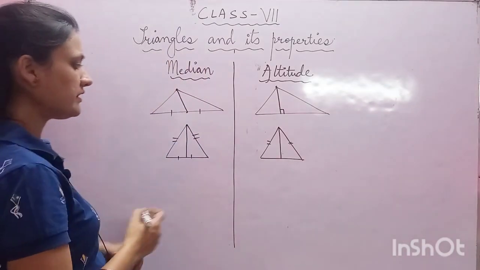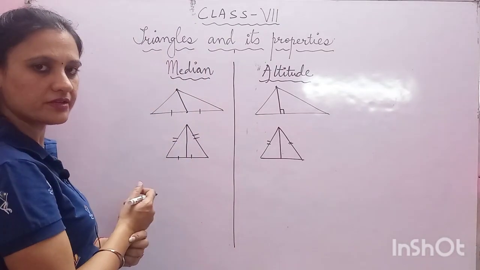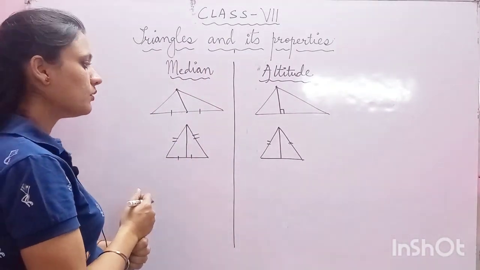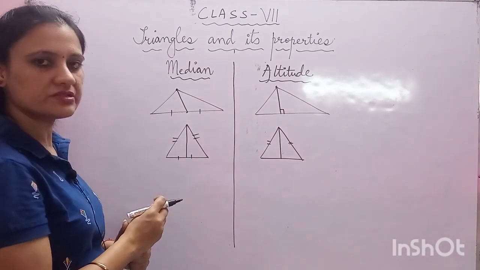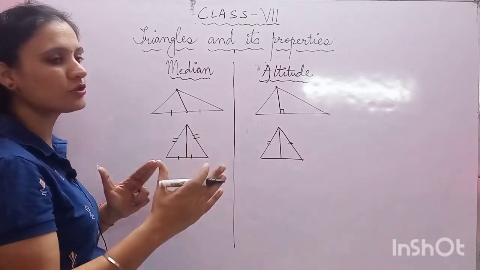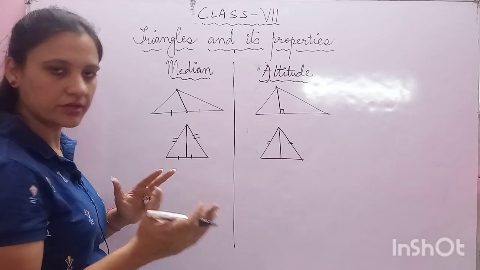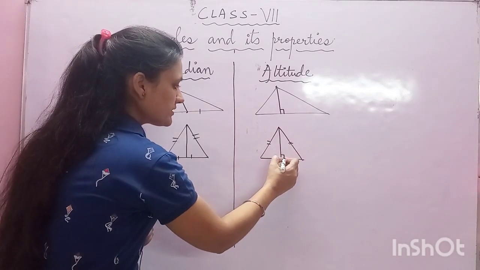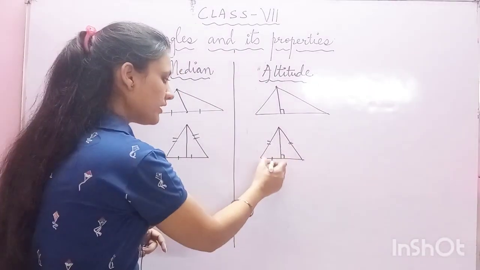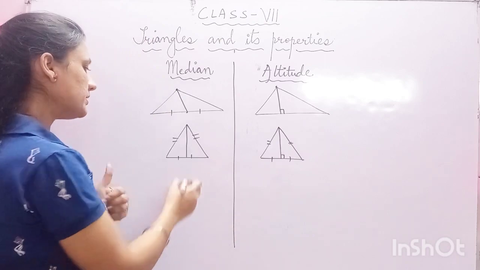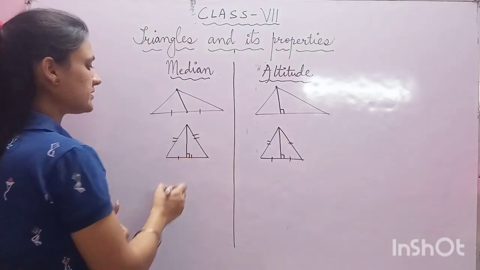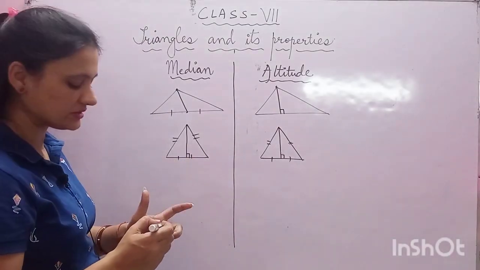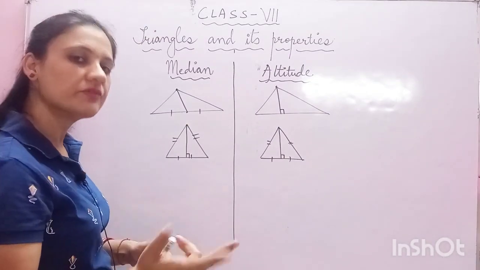You can see the difference, right? Is there any difference? No. Why? Because in an isosceles triangle the median and the altitude play the same role, right? It is also making 90 degree angle and it is going to divide it into two equal halves. Similarly, it will also make the 90 degree angle and divide the opposite side into two equal halves.